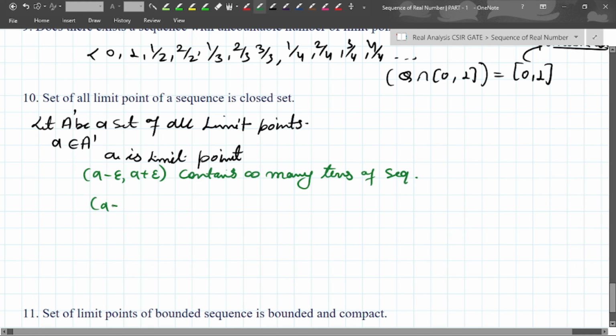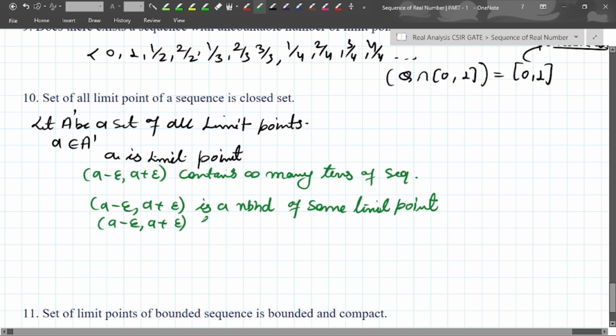It means (a minus epsilon, a plus epsilon) is a neighborhood of some limit point, and it has infinitely many terms of the sequence a_n.